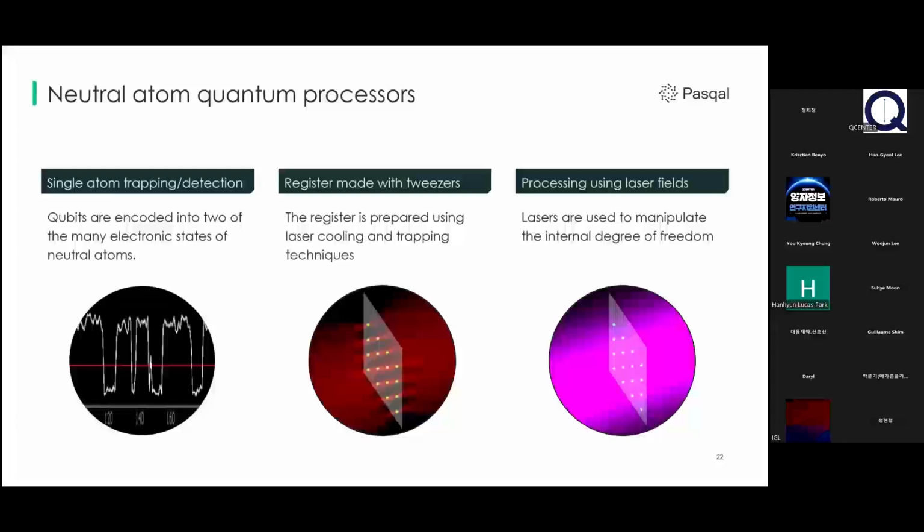Lasers are used to move around the atoms if needed. Lasers are used to send information to these atoms, to the whole system, to make it evolve as a whole. So lasers are the main means to physically realize the architecture and to carry out the computation.